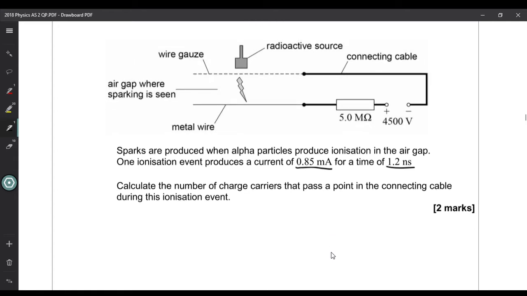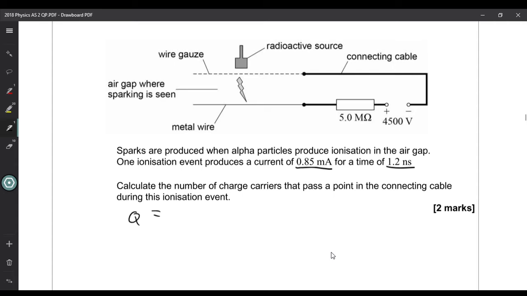Okay, so we know that the total amount of charge transferred, Q, is going to be, the current is the amount of charge per second, so the total amount transferred is going to be our current times time.